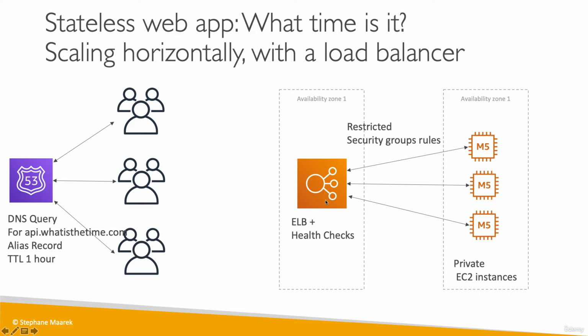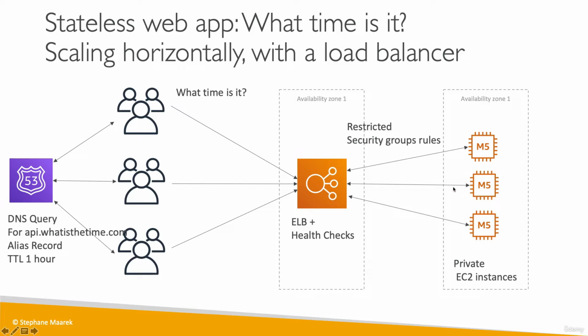And so instead, because it's a load balancer, we can use an alias record. And this alias record is perfect because it will point from Route 53 to the ELB and everything will work really great. And so here we change the DNS, but now the users connect to our load balancer and our load balancer redirects us to our EC2 instances and balances the traffic out.